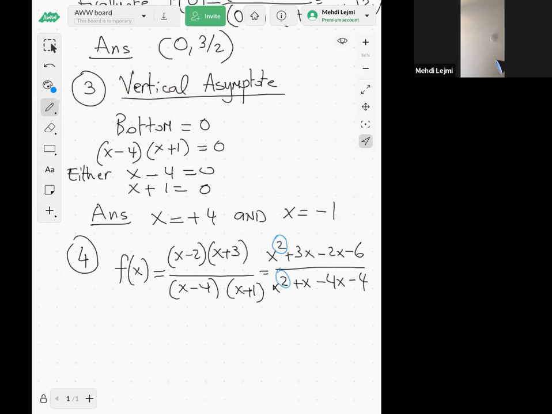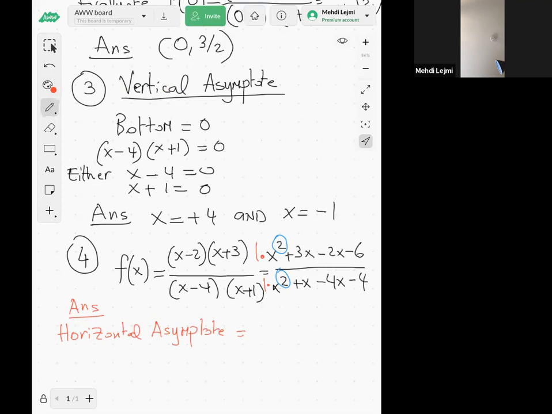And so if they are equal, then the horizontal asymptote would be the ratio of the leading coefficients.